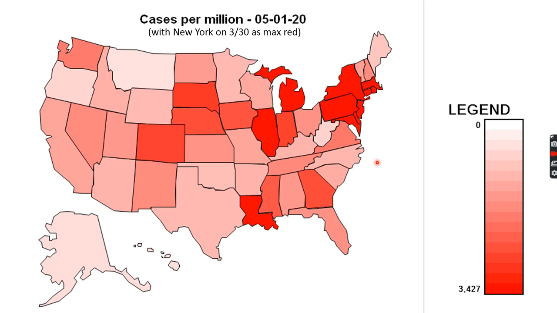And on April 29th, we start to see huge swaths of the nation reaching this very terrifying statistic, which is at least 3,427 confirmed cases per million population. Again, it's just a rough idea of states reaching the point where their hospital infrastructure may be overwhelmed.